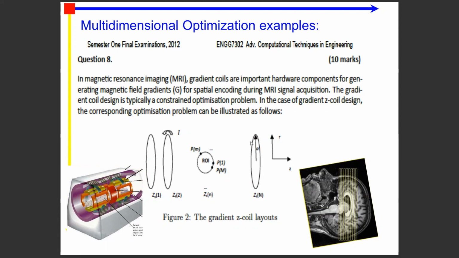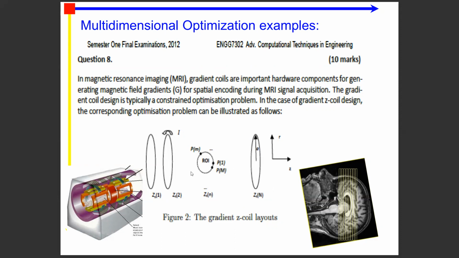Maybe different direction here, maybe opposite here, but they are at different positions. So this is position Z1, Z2 up to Zn. They're at different positions along the Z direction, and they're not varying in R. They're always the same A, the same radius.